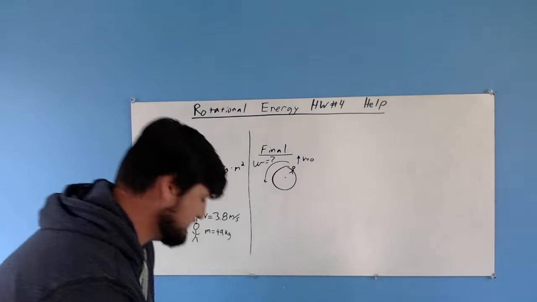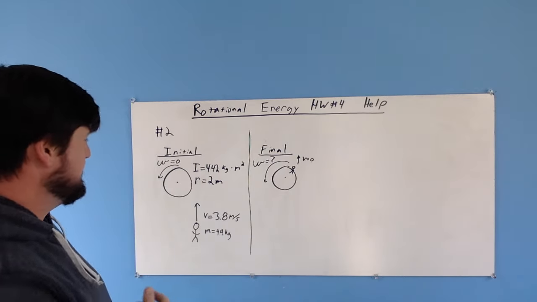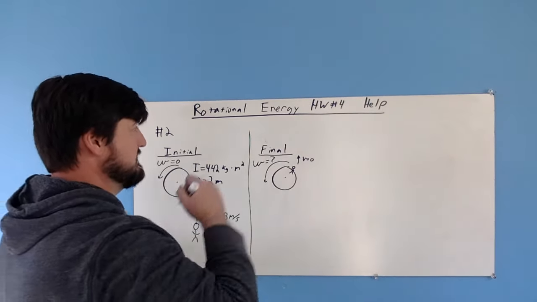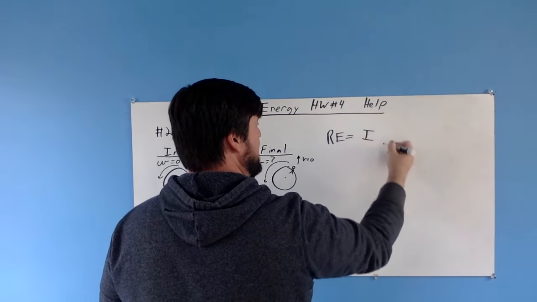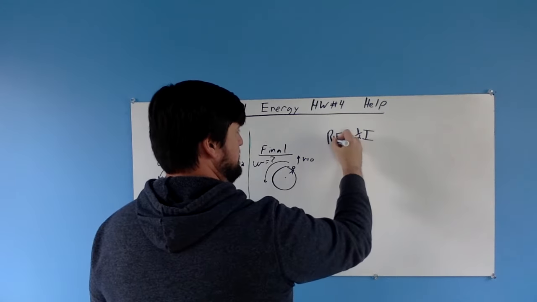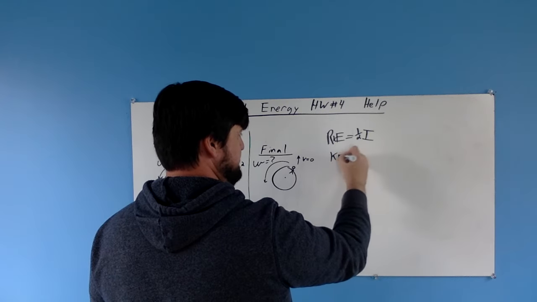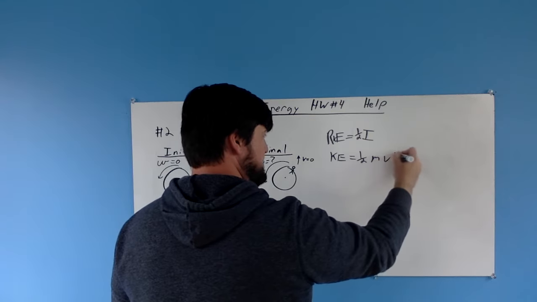So if we talk about rotational kinetic energy in general, the formula for that was equal to 1 half... let's talk about kinetic energy first, that'll make more sense. You're familiar with 1 half mv squared?